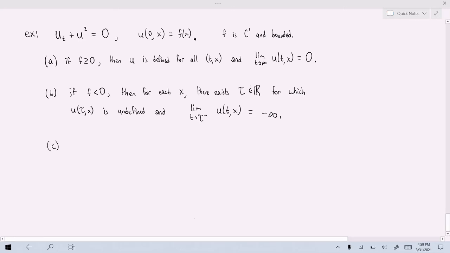And then C was just asking, what is the longest interval 0 to tau for which u of t, x will be defined, for t between 0 and tau.